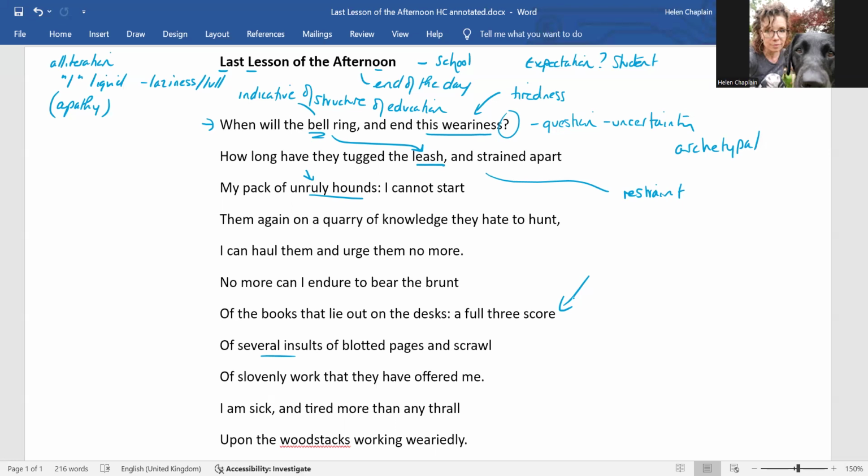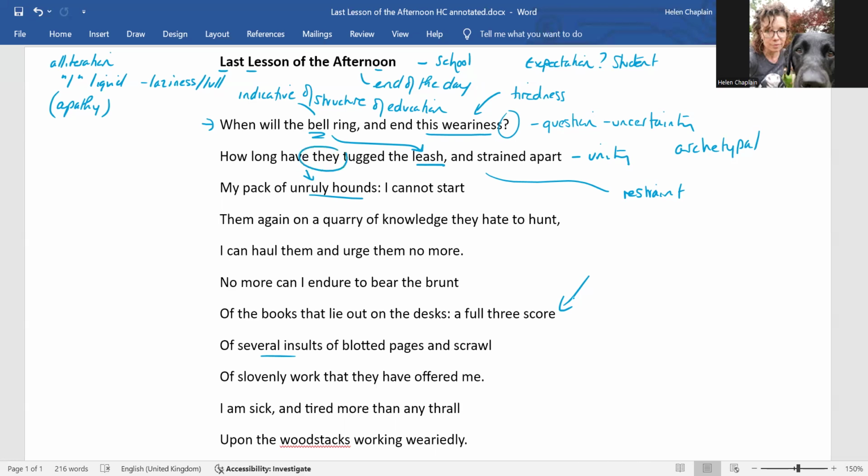They've strained apart. There's no idea of any sort of unity in this classroom. They're all acting against each other, right? Normally hunting dogs would be part of the hunt and acting together, but actually these ungovernable dogs can't work with their masters in this metaphor.